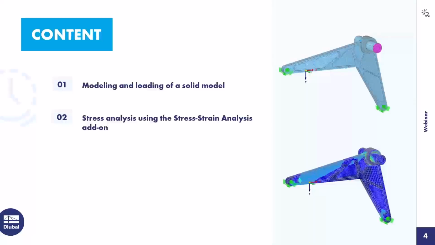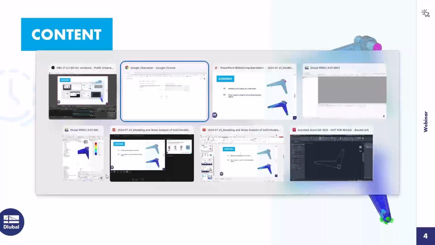For such models, often you have a STEP file or a DXF file as a basis, at least, which you can refer to, which you can use as a help for the modeling in RFEM. And this is also what I would like to do today.